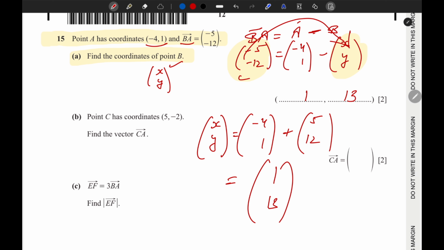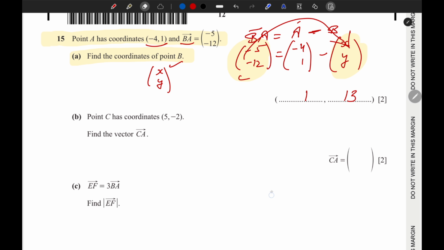Okay. Now I have to remove what I have written over here so that I can do the next one. Now what's the B part? The B part said that the point C has coordinates 5, -2. Find the vector CA. Now see, what will the vector CA be?